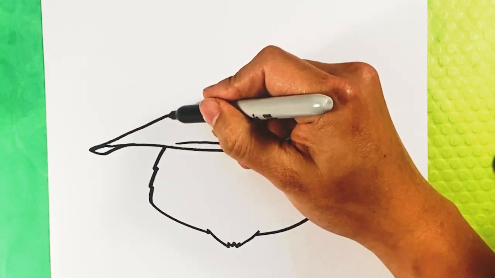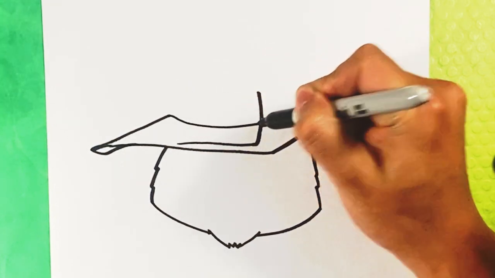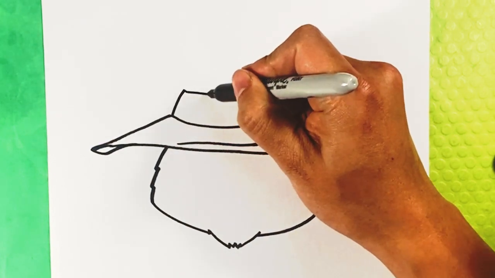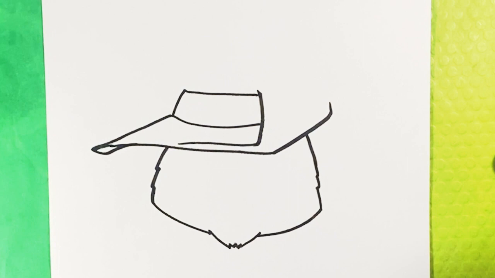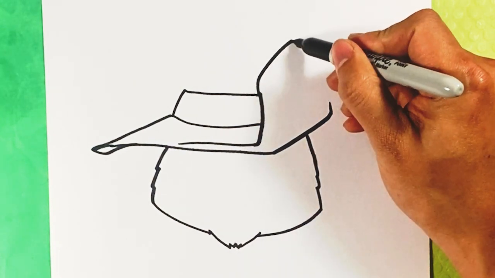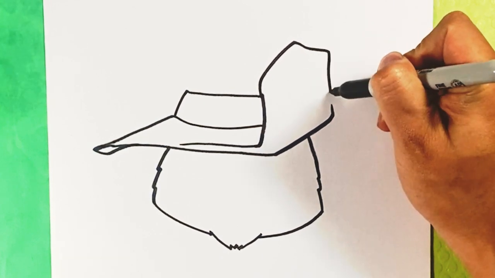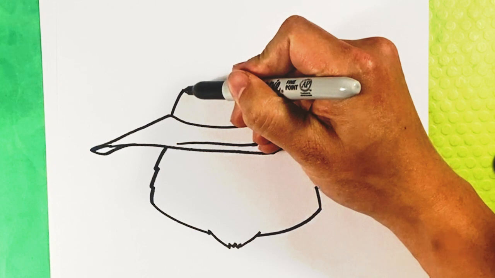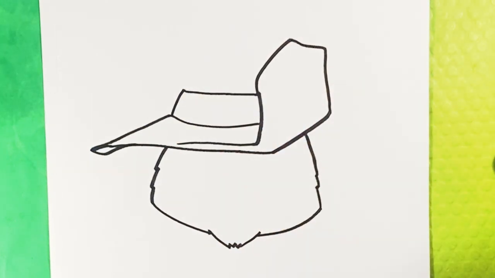So alrighty, curve right here, kind of the belt around his hat, up, in, curve up, pulling out, down right here. On this side, I'm going to find the rest of the upper part of that hat.